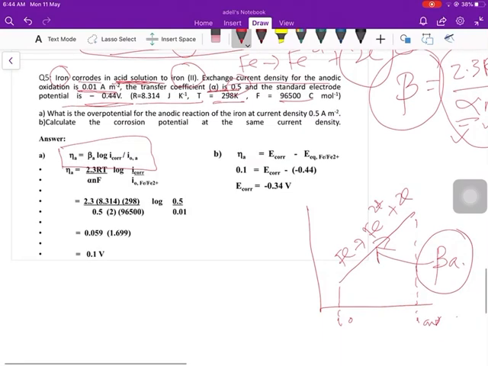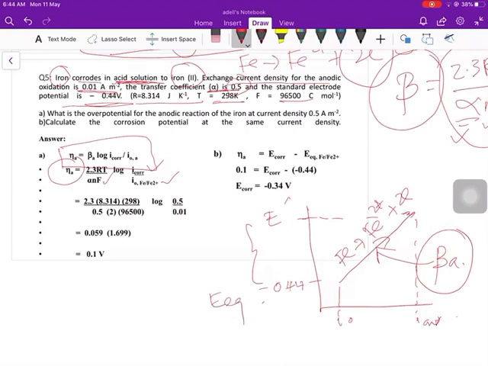So where does it stop? Okay, I corr. Beta is given, I naught is given. So I naught and I corr, beta you can calculate, so you can get the overpotential. So how far? This is negative 0.44. So this is the overpotential.